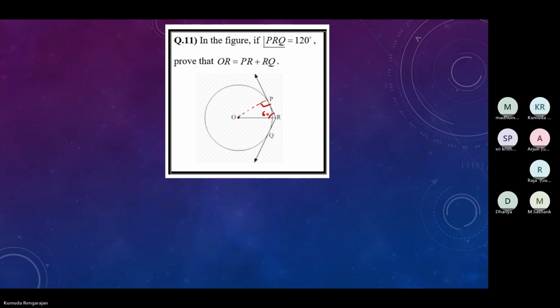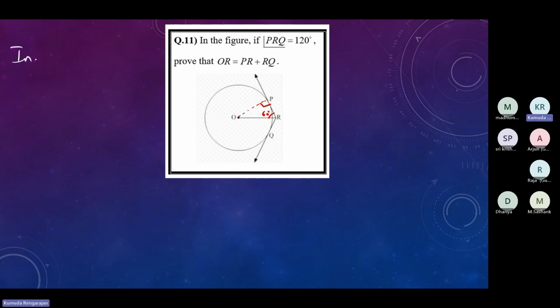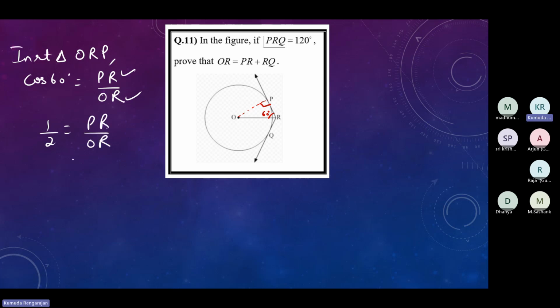So in right triangle OPR, cos 60 degrees is equal to adjacent side PR by the hypotenuse OR. See, we have these two line segments in the result. Cos 60 is 1 by 2 equals PR by OR. Cross multiply, OR is equal to twice PR.